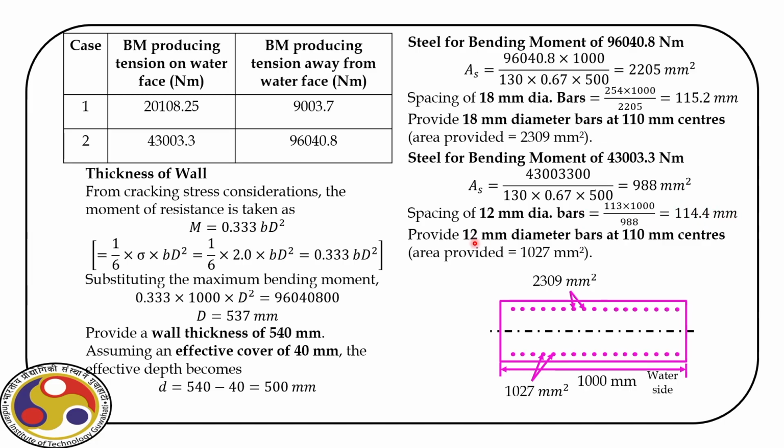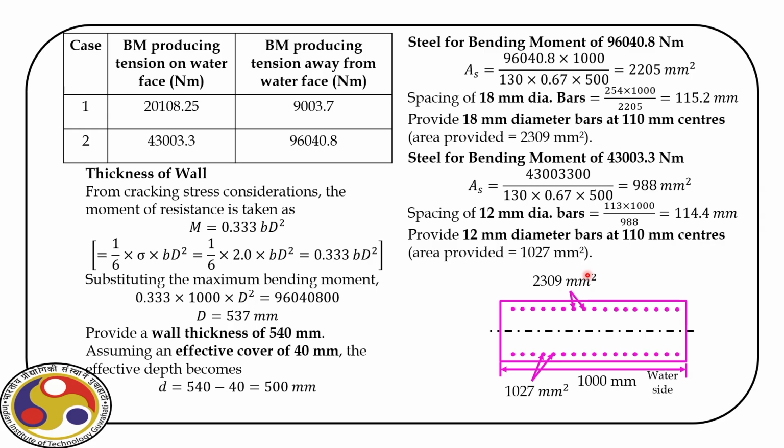So we can provide 12 phi diameter bar at the rate of 110 millimeters center to center. Obviously, on this face we provide an area of 1027 millimeters square as opposed to the required value of 988 millimeters square. So you can see the detailing on either face. We have provided the steel accordingly, and we also identify the water side and the saturated soil side, right? So that completes the design of the side wall.